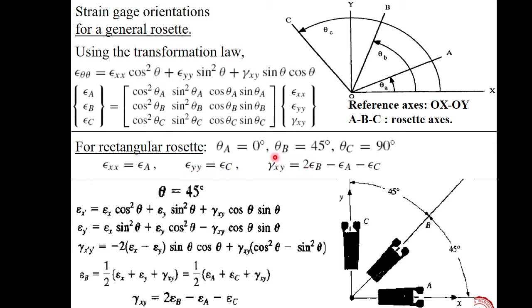So this is the value of gamma xy, right? So for a rectangular rosette, we can directly get the epsilon xx, epsilon yy and gamma xy values from the readings of the strain gauges A, B and C. What is the special case here? Theta A is 0, theta B is 45 and theta C is 90.